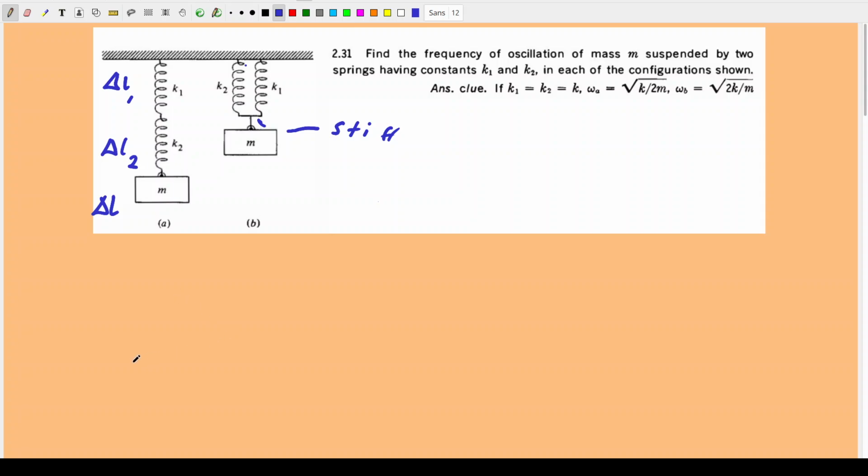And if we are applying a force F here, and hold the system at rest, in that case, there will also be the same force up here, F. And the spring K1 will be having a force like that, down, and the K2 spring will feel the same force, up.